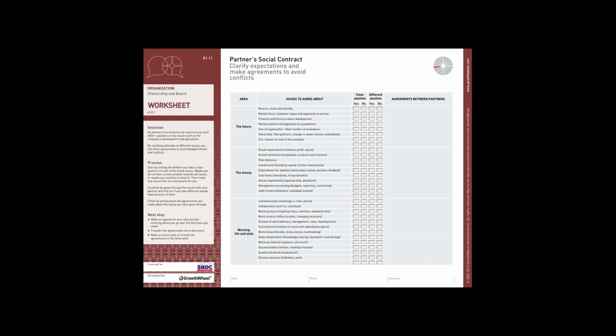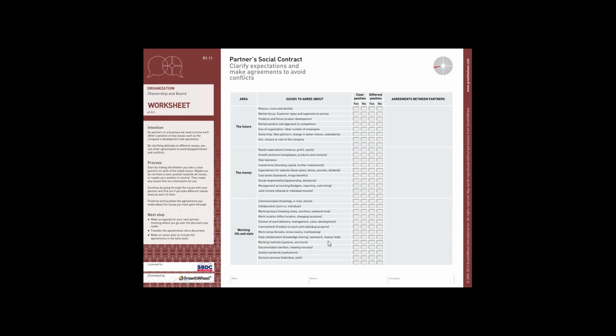This begins to get at the culture of the organization. Daily collaboration, knowledge sharing, teamwork, mutual help, what's expected there. Sometimes if you've been a founding member of your organization and maybe you've only just developed a couple people, you have created some of this information unconsciously.